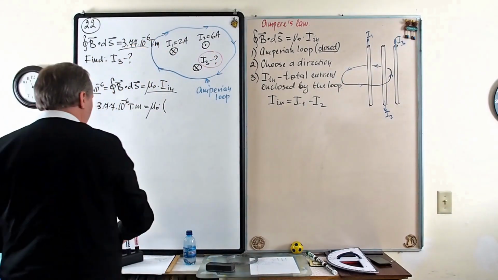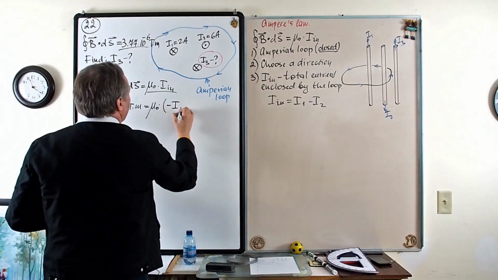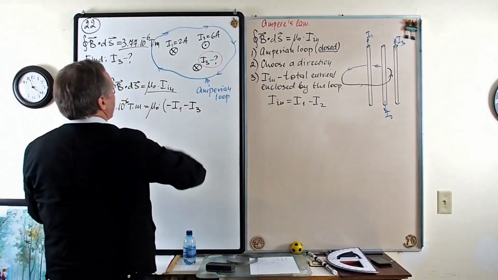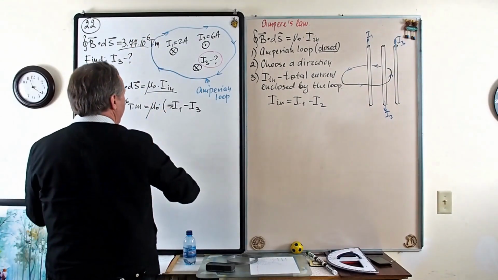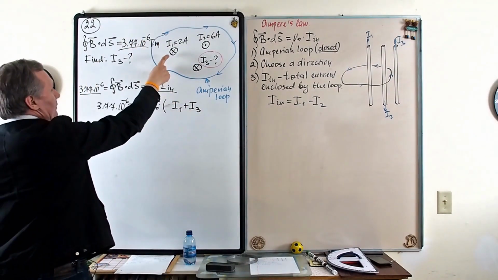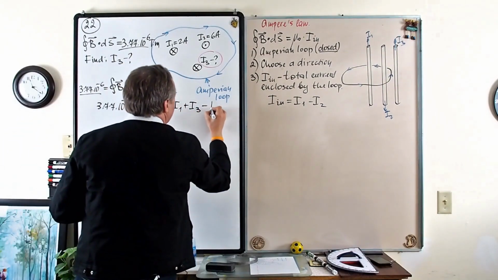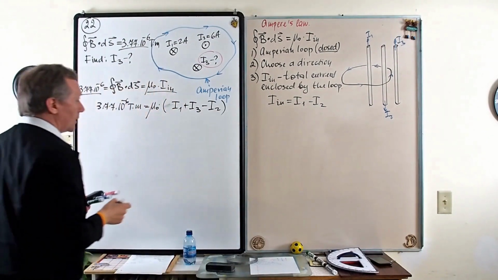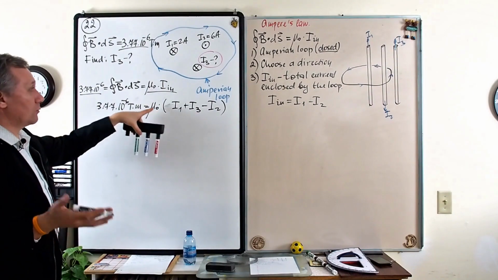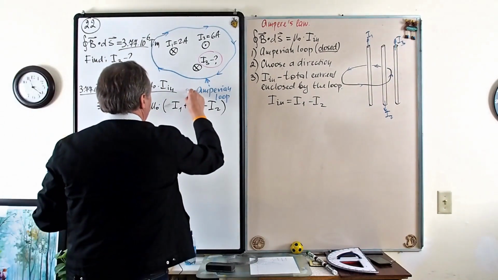So now I can write: I1 plus I3, minus I2. Into the board is the positive direction. So we have one equation, one unknown, given, unknown, given, and of course mu naught is a universal constant. We just need to solve it for I3.